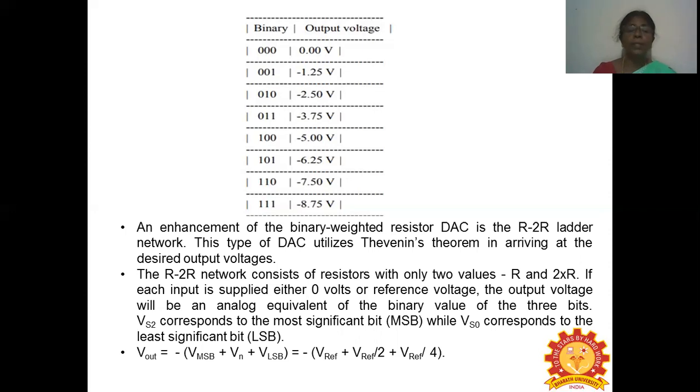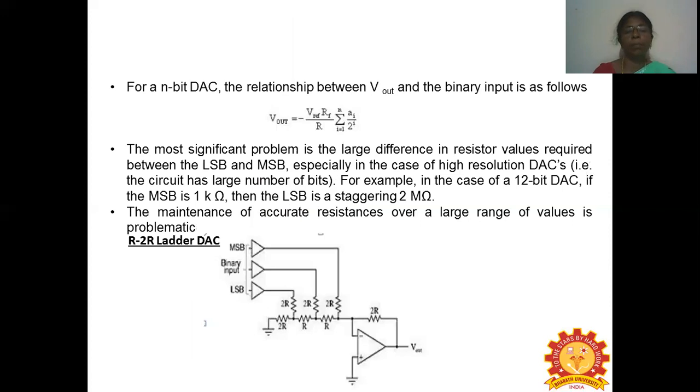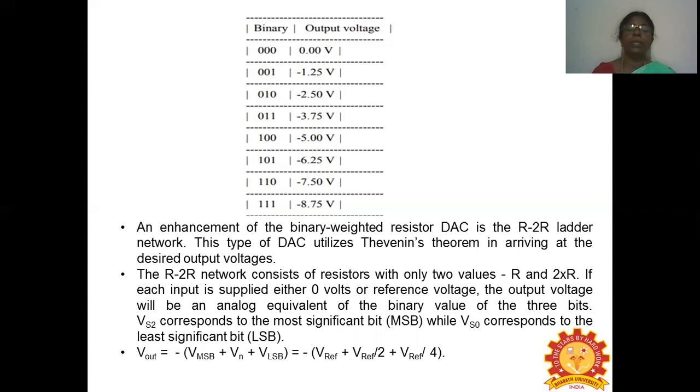Here VS2 corresponds to the most significant bit, that is the topmost, and VS0 is the least significant bit. Therefore, the output voltage we are taking from this circuit is represented by the following equation.